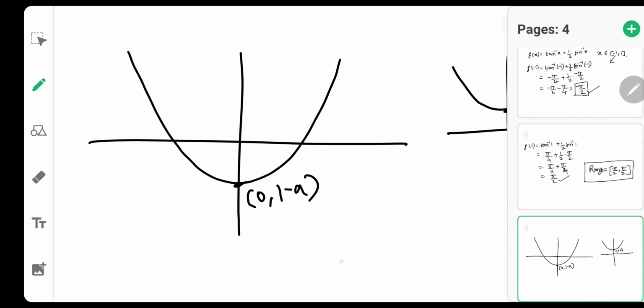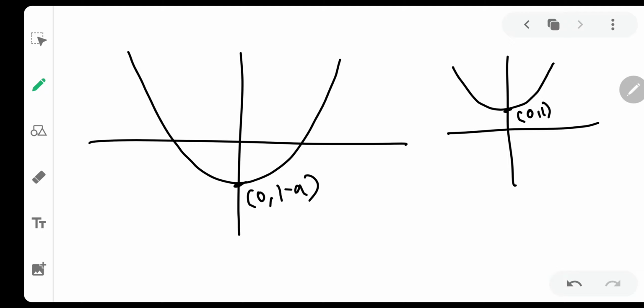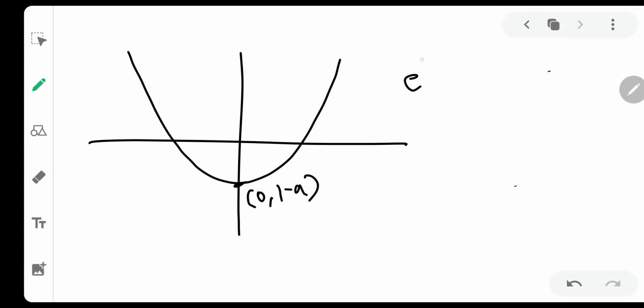Now let us have a look at this particular part. This graph is for e raised to mod of x minus b, minus a. But what they have done is they have put a mod over here also. So simply what we will do, they have put a mod for the whole graph. It means wherever your y is negative, just rub that and flip it on the positive side. So I will flip it on the positive side with a red pen.